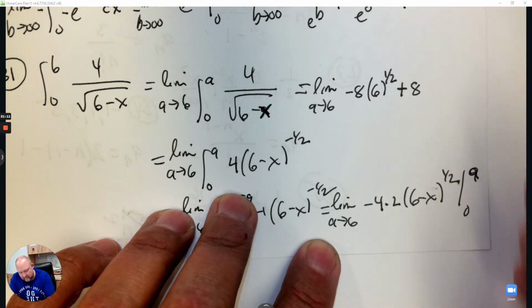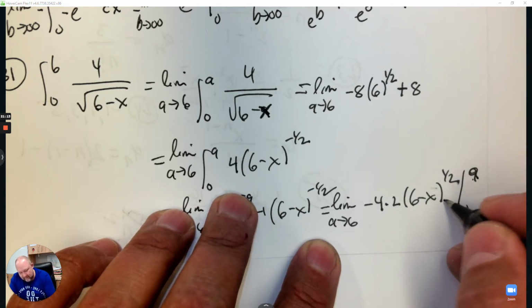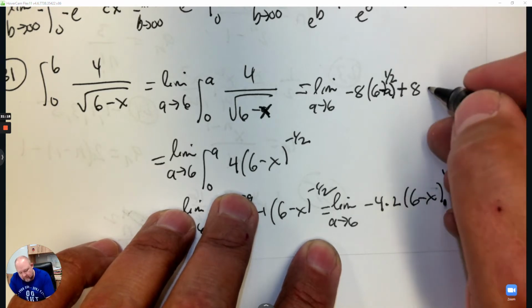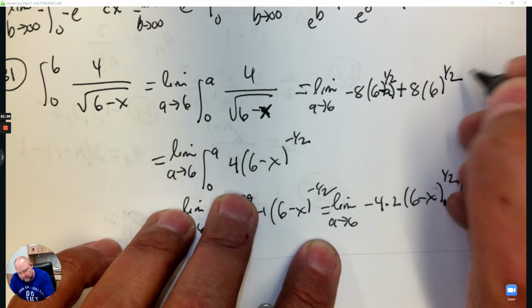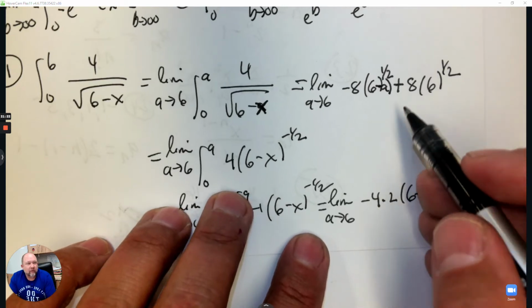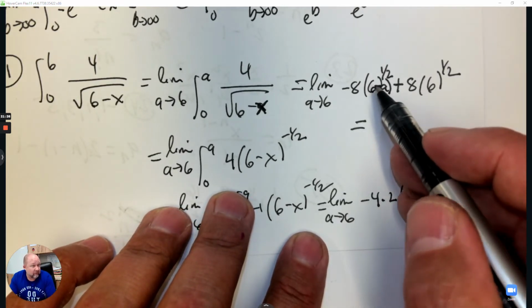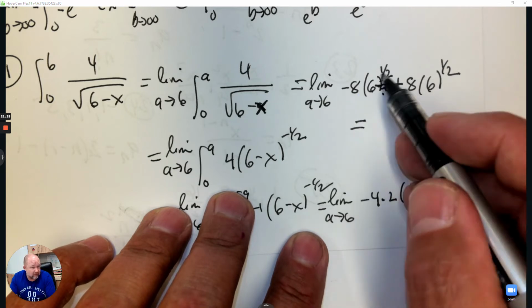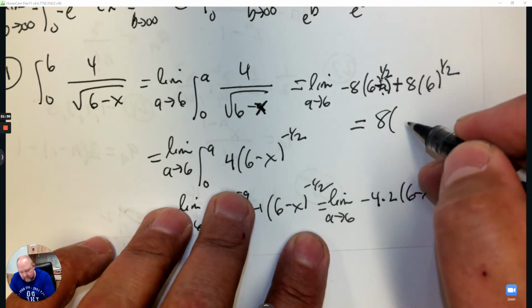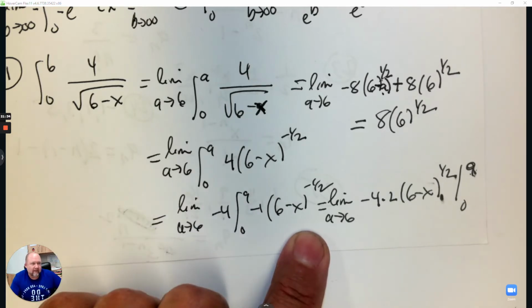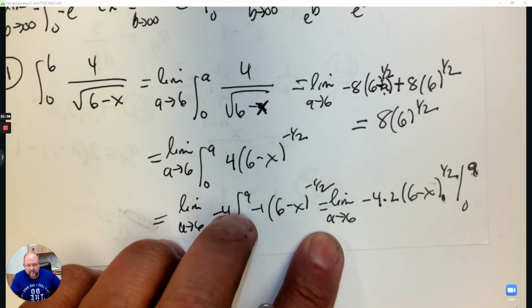Plug in a first. And 6 take away a. And then plug in 0. So now when I look at this and I plug in 6, I can actually get an answer. So 6 take away 6 is 0. So what I'm left with is 8 times the square root of 6, or 8 times 6 to the half.